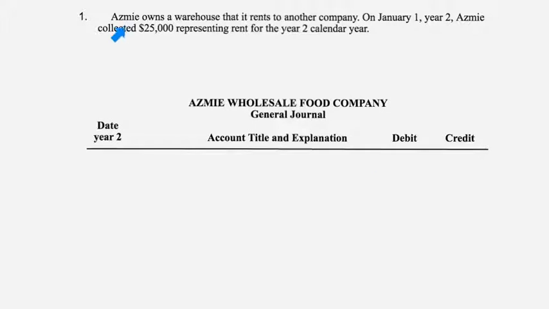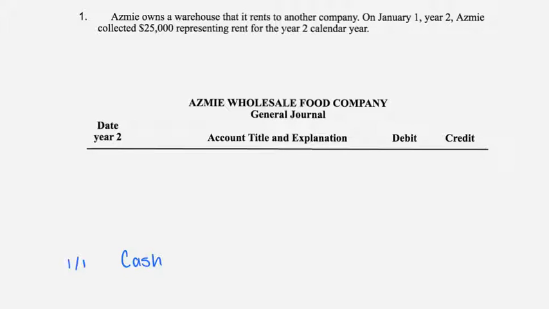Our third transaction, ASME owns a warehouse that rents to another company. On January 1st, year 2, ASME collected $25,000 representing rent for the year 2 calendar year. So this $25,000 collected at the beginning of year 2 is deferred rent revenue because we haven't earned it for the year yet, so we'll be recognizing it quarterly. So let's do that entry on January 1st down here just to give us an idea.